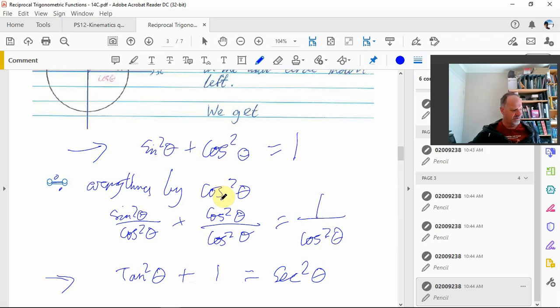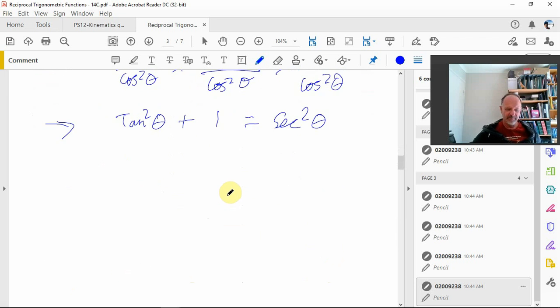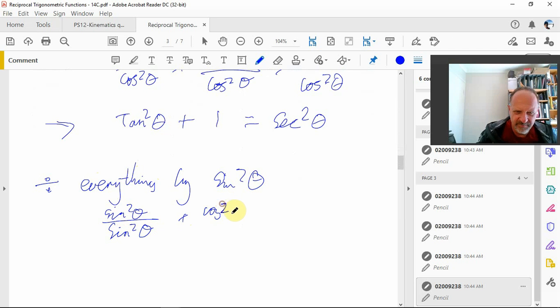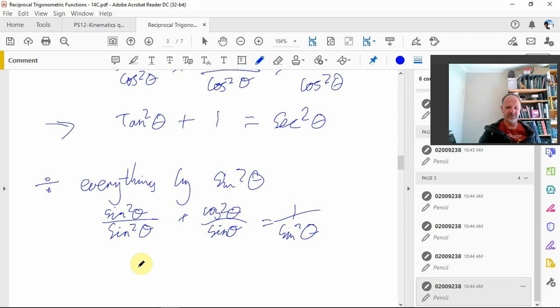I could also divide everything by sine squared. And when I do that, I get sine squared over sine squared plus cos squared over sine squared equaling 1 over sine squared. All right, sine on sine, it's 1.